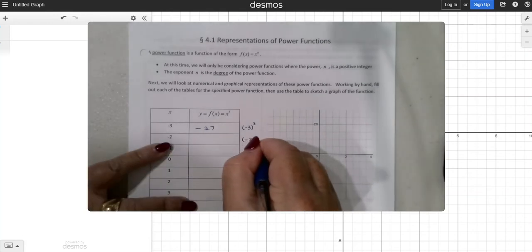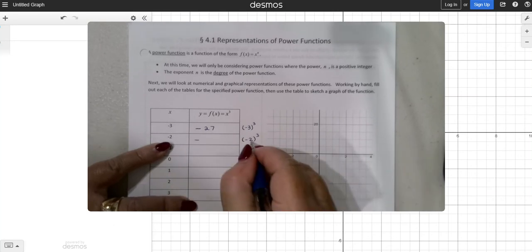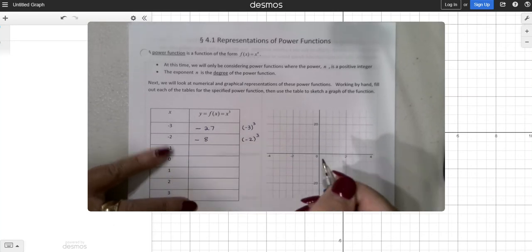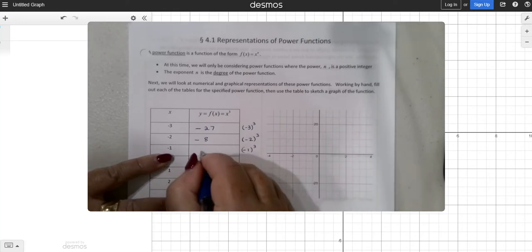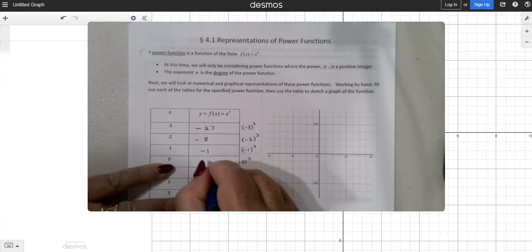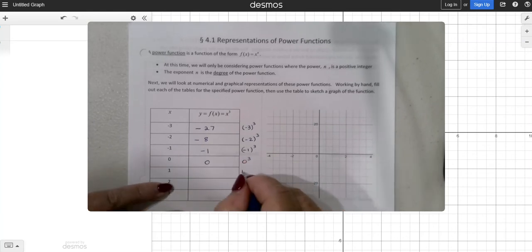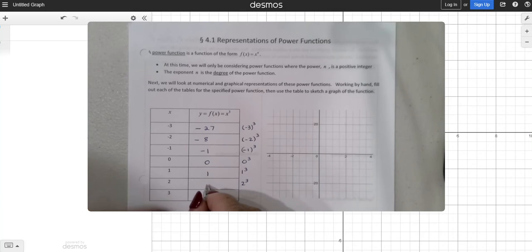Plugging in the negative 2, again, 3 negatives keeps it negative. 2 to the third power would be 8. Negative 1 cubed would be negative 1. 0 cubed is 0. 1 cubed is 1. 2 to the third power is 8. And 3 to the third power is 27.